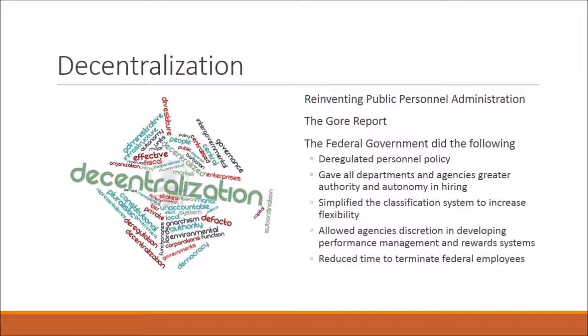It dramatically simplified the current classification system to give agencies greater flexibility in how they classify and pay their employees. It allowed agencies to design their own performance management and reward systems with the objective of improving the performance of individuals and organizations. It also sought to reduce by half the time required to terminate federal managers and employees for cause.